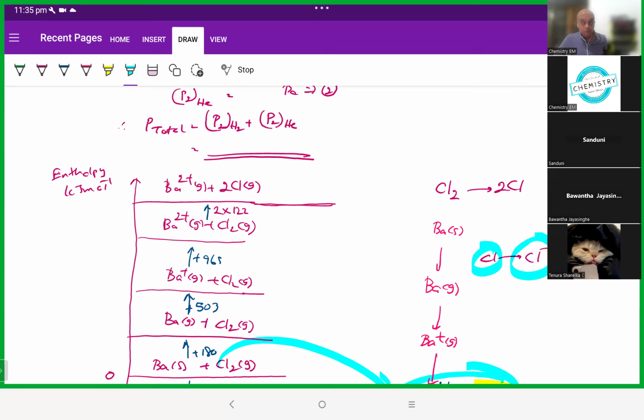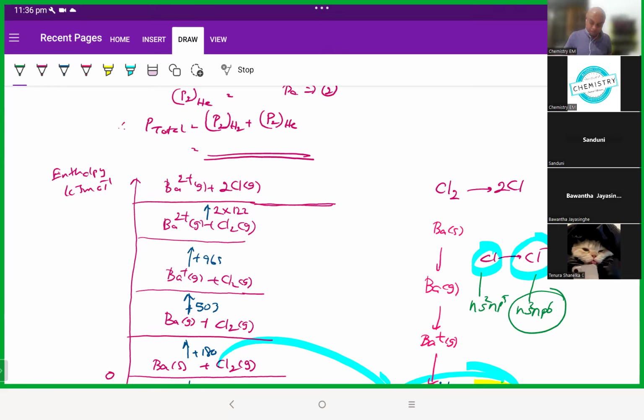According to the electronic configuration, chlorine has ns2 np5. This one has ns2 np6. This is stable. So this is going from unstable to stability. This should be exothermic. For stability, it is not absorbing energy, it is releasing energy. Releasing energy means it's an exothermic reaction. So we can deduce that this is an exothermic reaction.